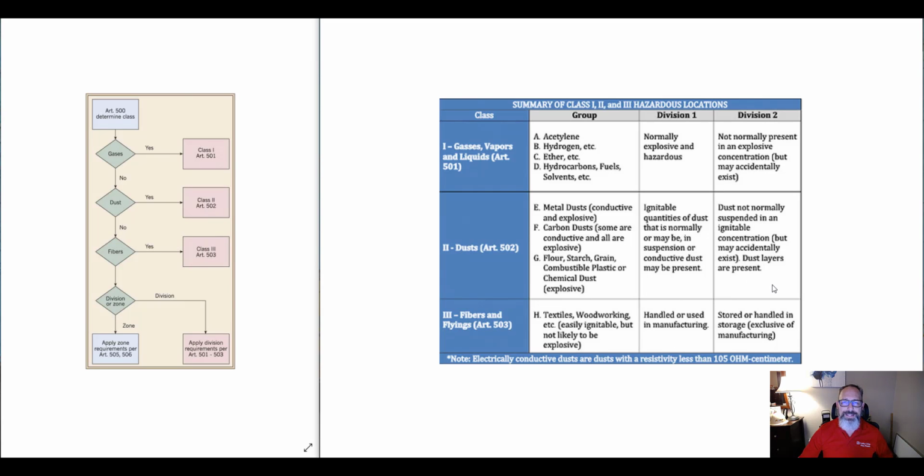Division 2 is outside of that. So if you had a concentric ring in the middle, and that concentric ring is your Division 1, your Division 2 is around that, where it could extend past that Division 1, then it goes to Division 2. So we won't ever have a Division 2 inside the Division 1 boundaries. And these boundaries are going to be three-dimensional.